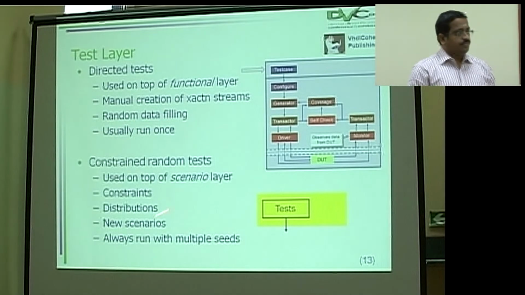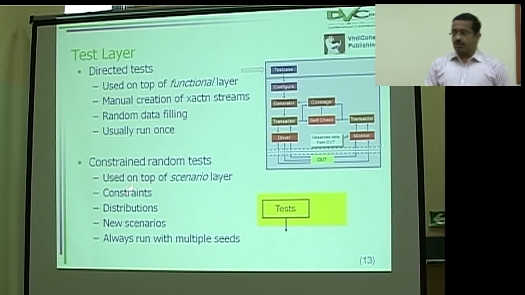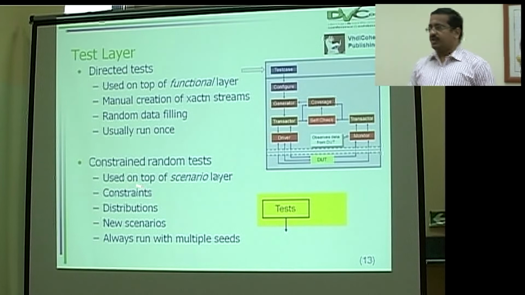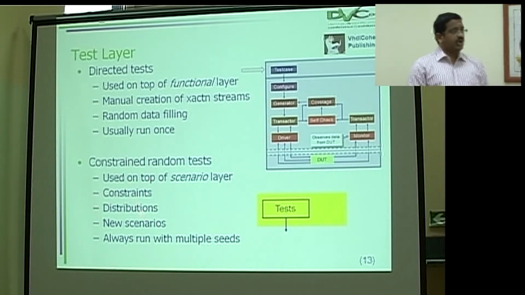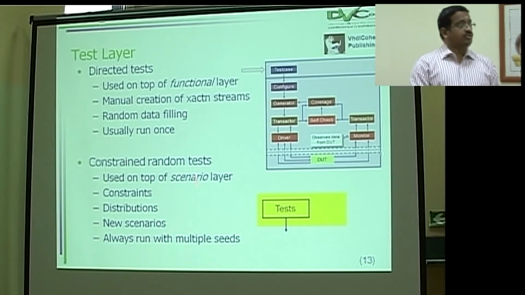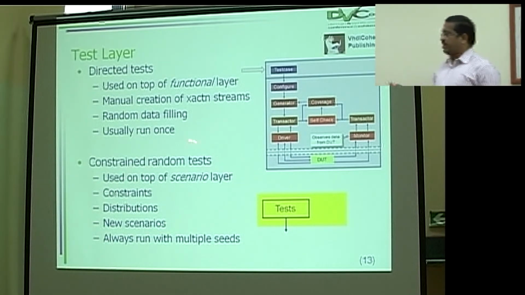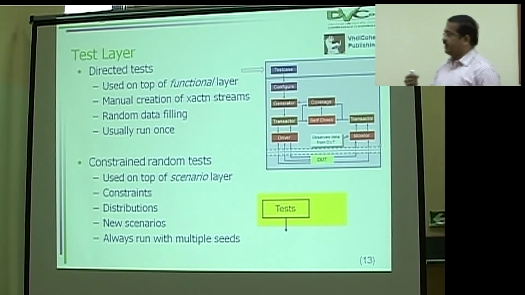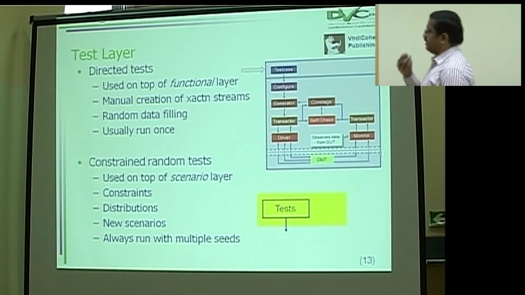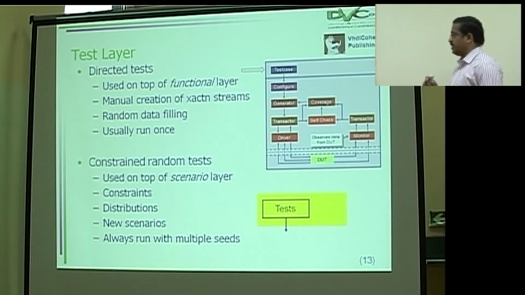A constraint random test is used on top of the scenario or generator layer. It exploits the constraint random generation, constraints, distributions, and new scenarios, and it's always recommended to have one test run with multiple seeds. This is why I keep insisting the seed generation must happen with a little less performance overhead.